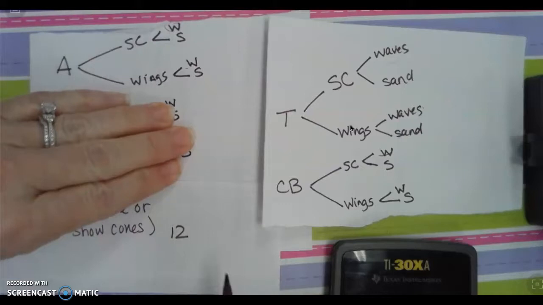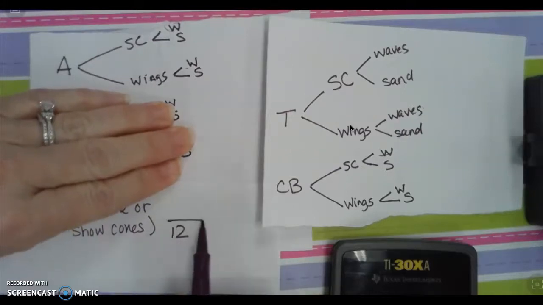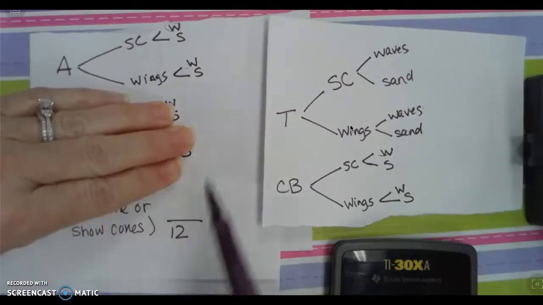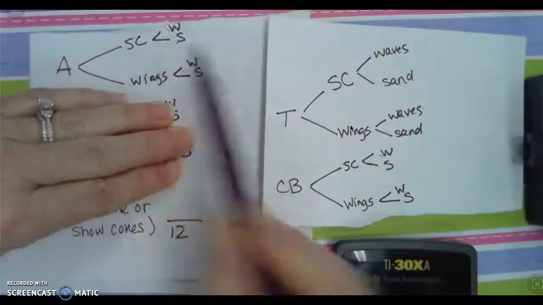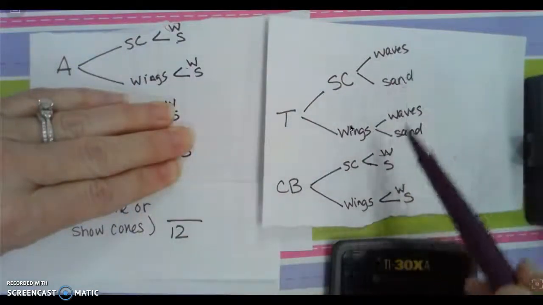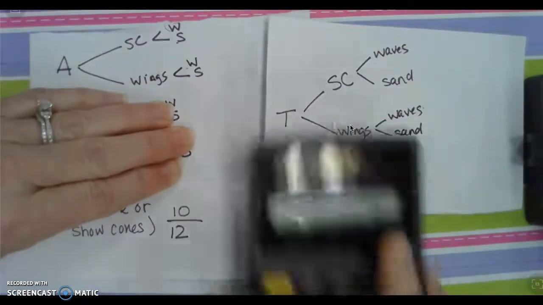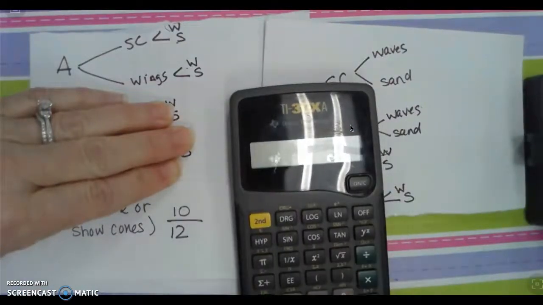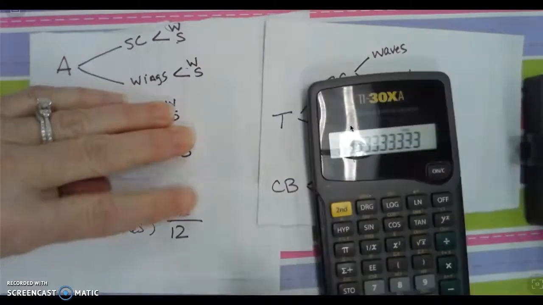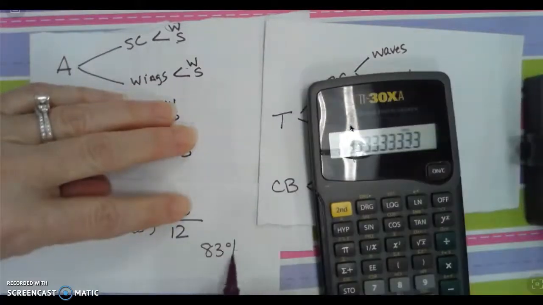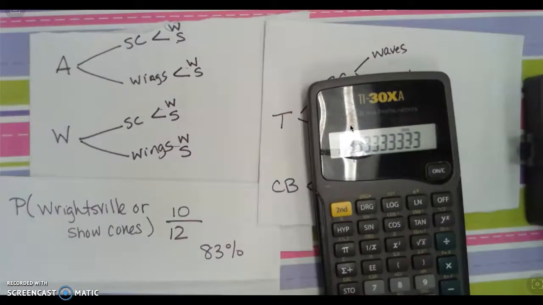So we got to find everywhere there's snow cones and add those up also. So we got 4. Here's snow cones. 5, 6, 7, 8, 9, 10. So that's 10 out of 12. So let's do 10 divided by 12, which is going to be 83% of our choices will include Wrightsville Beach or snow cones.